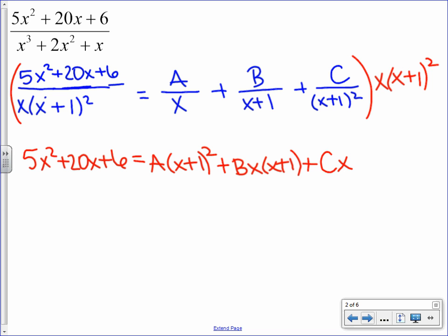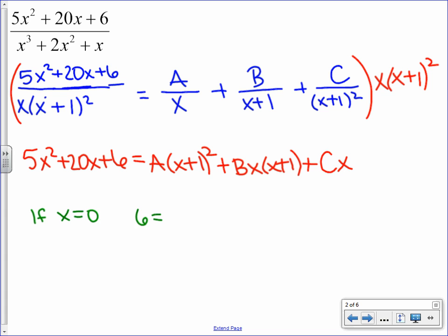Okay, so now what we can do is strategically choose numbers to make some of our factors go away. So let's go back up to our denominator. What is something that makes this original denominator 0? Okay, so we'll start with 0. If x equals 0, when I plug 0 into this side, what happens? We get 6.